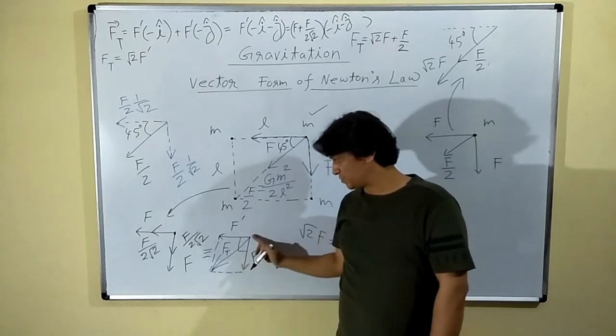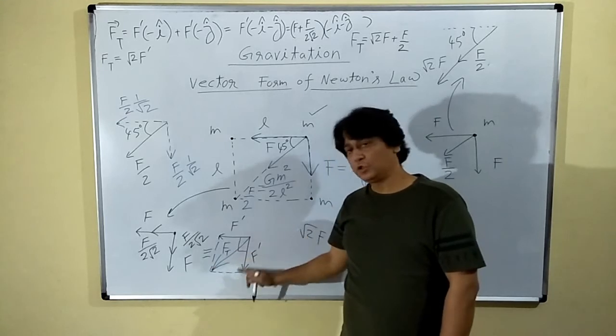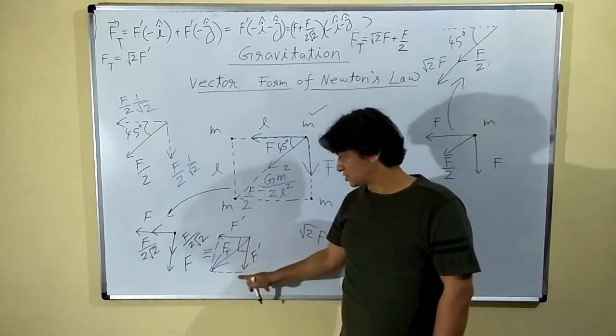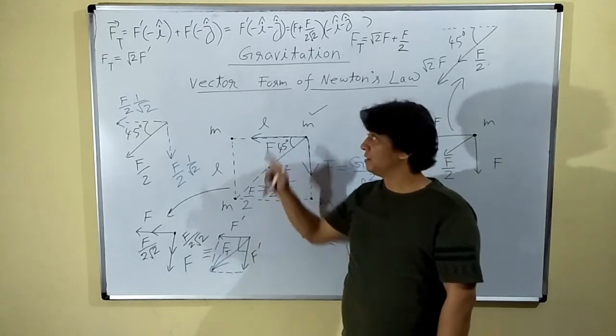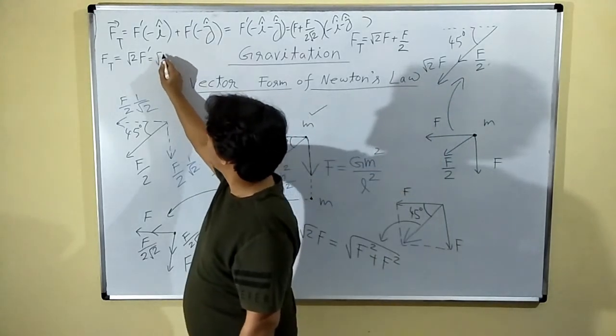What is the length of this blue line? Look at this right angle triangle. Square. That gives you √2 F dash.